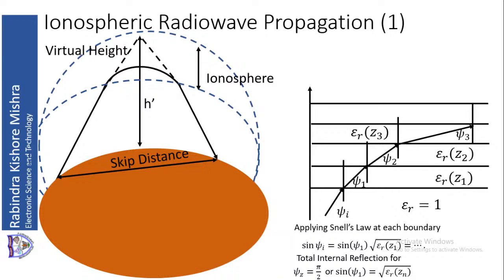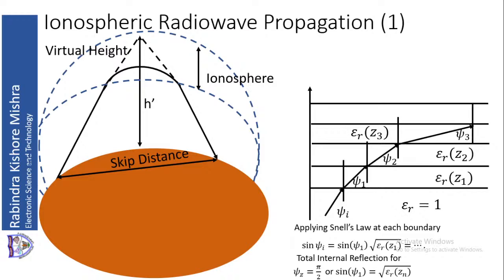These two antenna towers would have to be extremely high to have line of sight communication. Otherwise, the portion of the earth comes between these two antennas, so they cannot see each other, and it is not possible to have a communication link between them.